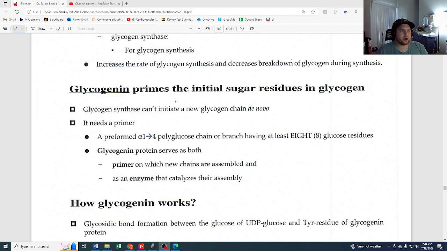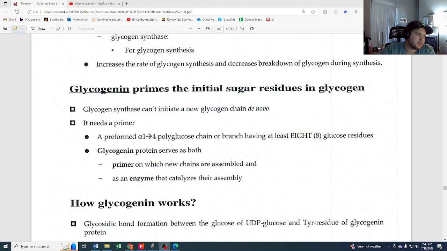Glycogenin primes the initial sugar residues in glycogen. So glycogen synthase cannot initiate a new glycogen chain de novo, or that's from nothing. It needs a primer: a pre-formed alpha-1,4 polyglucose chain or branch having at least 8 glucose residues.